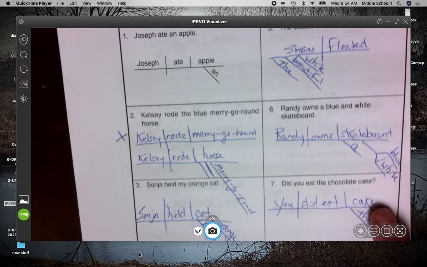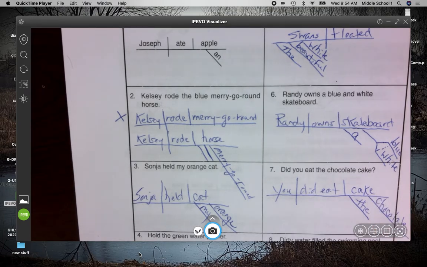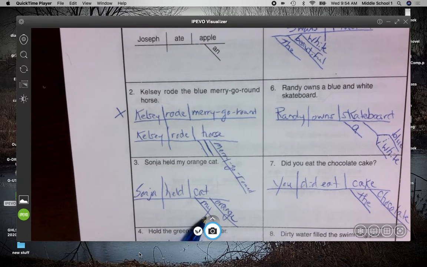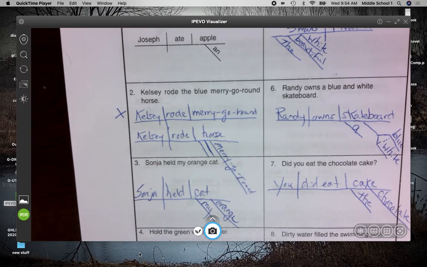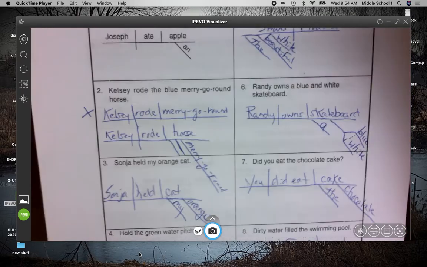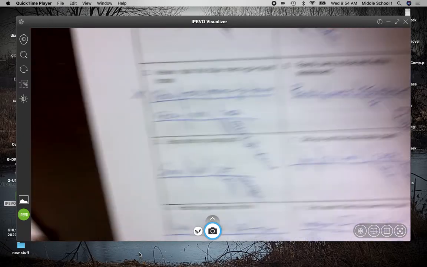In sentence number 3, Sonia held my orange cat. Again, subject, verb, direct object with the modifiers of my and orange. In sentence number 4, we are reminded that we have an implied subject.